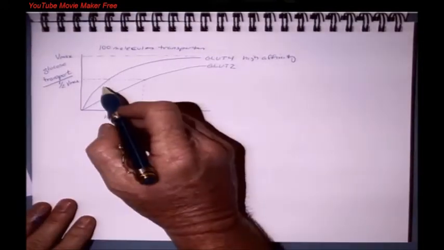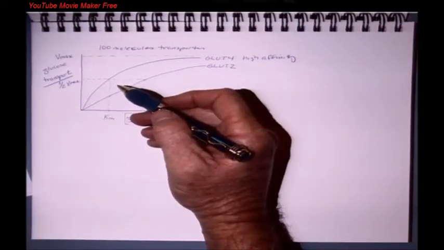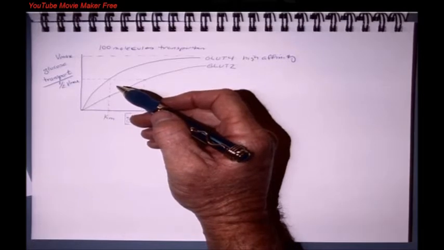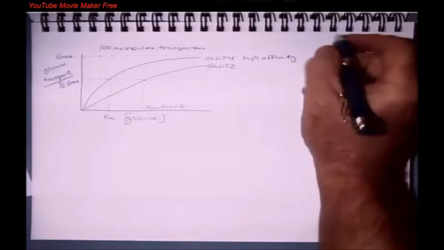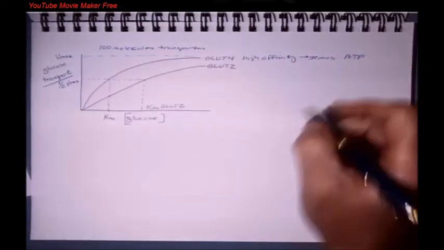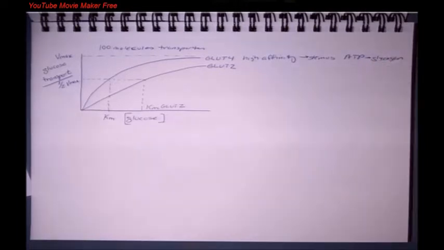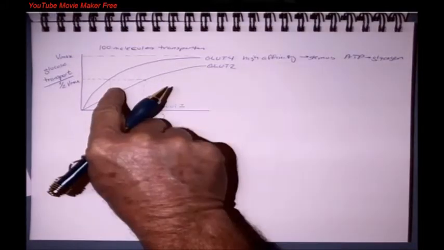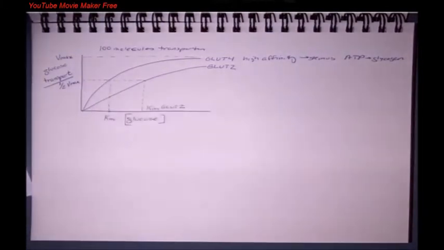GLUT4 is on skeletal muscle because in a fed state, you want skeletal muscle to have glucose available because skeletal muscle needs to recharge ATP and it needs to store glucose as glycogen for when you go into a fasting state. So logically, you want a high affinity, low Km transporter. You want to pull that glucose in as fast as you possibly can.